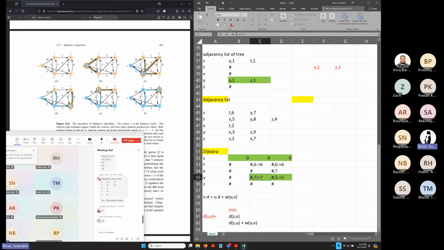This becomes 7. This was offered 7. This becomes 7. This is no longer the smallest one. Sorry. Thanks, Zach. This one was the smallest one, and this one will be evaluated. We are asking S to T, and T now has X, Y, and Z.